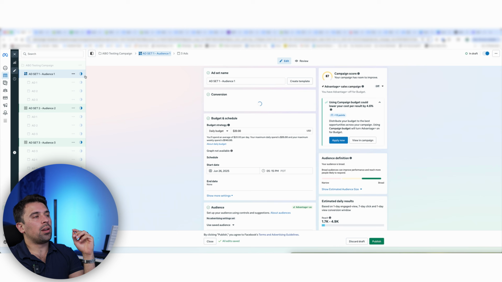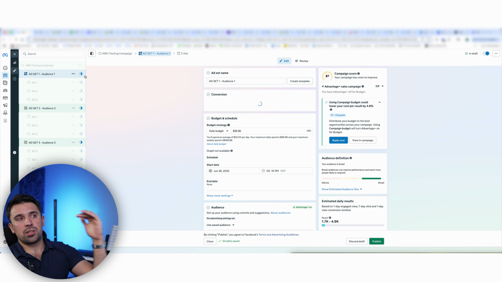And when something works, again, you just keep it there. You scale it where it is. You can optimize it down on the ad level, or you can lower the budget on it, or you can turn it off, right? So as you continue to test, this campaign is going to grow. Obviously, you're going to keep adding new ad sets.